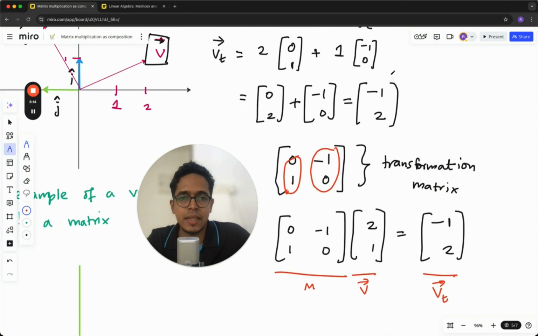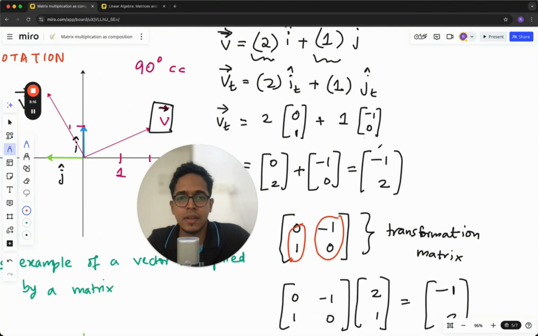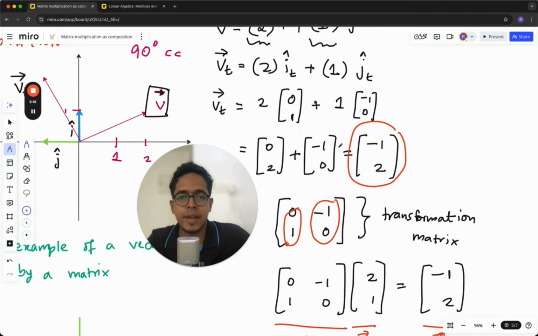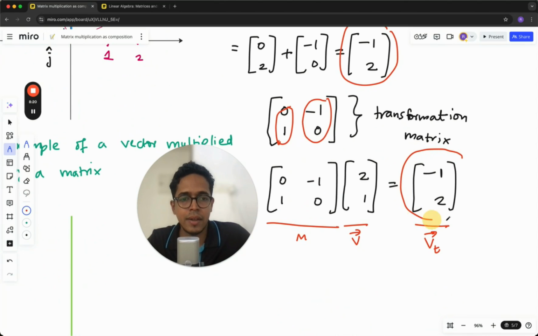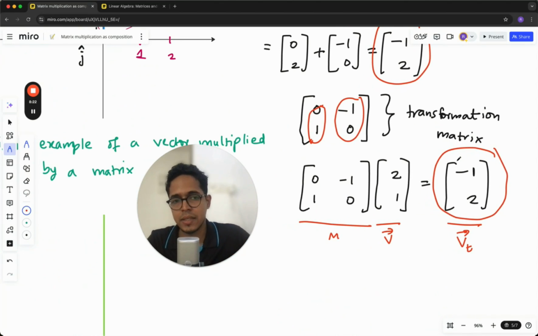And you can see that whatever we calculated here, this -1, 2 for Vt, is the same as whatever we calculate here after matrix multiplication. So this is an example of a simple linear transformation called rotation. And this rotation can be represented by this matrix 0, 1, -1, 0.